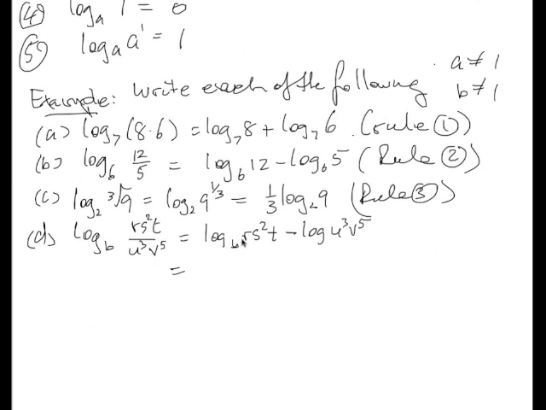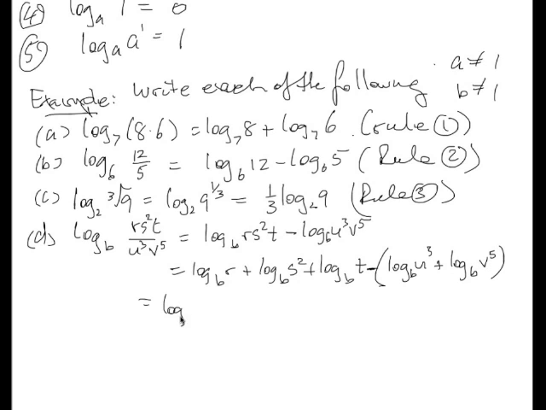Right, now we have products here, so this will be log in base B of R plus log in base B of S squared plus log in base B of T minus, I'm going to use parentheses here, log in base B of U cubed, and this is a product here, so plus log in base B of V to the 5.